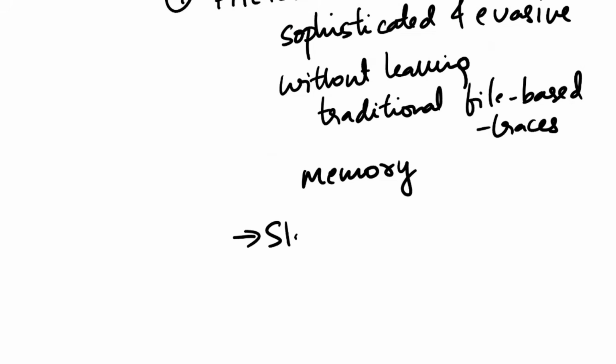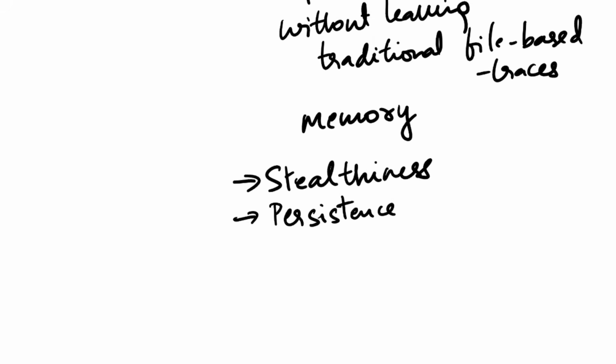First one is stealthiness. That is, fileless malware is highly stealthy because it doesn't write files to the disk. This makes it harder to detect using traditional signature-based antivirus solutions. Next one is persistence. Many fileless malware strains are designed to achieve persistence by injecting malicious code into legitimate system processes, ensuring that the malware survives system reboots.